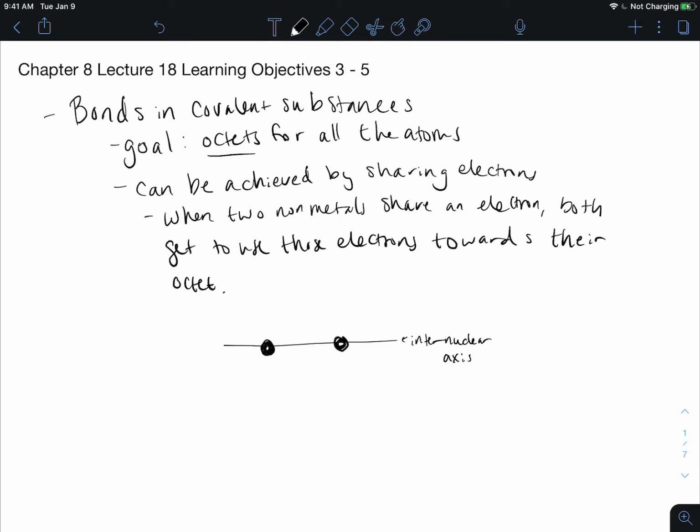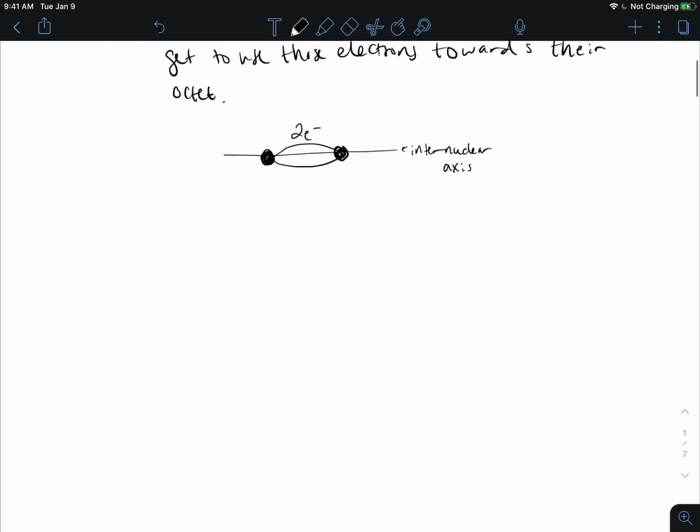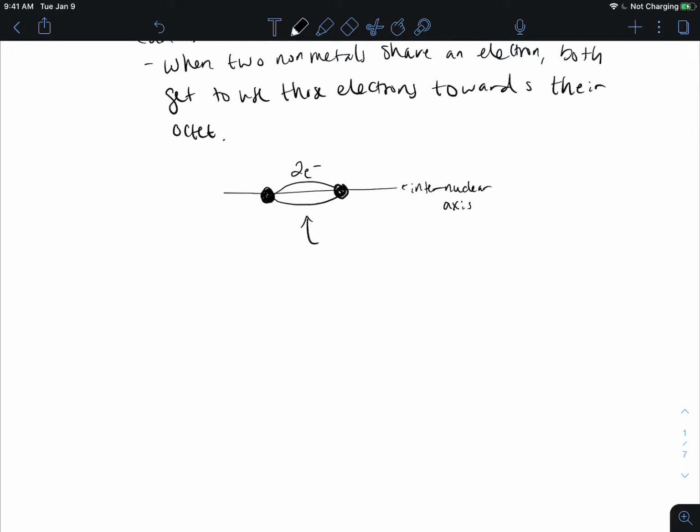And then in between the internuclear axis, in a bonded pair of electrons, or in a bond, we have 2 electrons, where generally the electron density is between those 2 atoms. So the 2 electrons will be shared between those 2 atoms, both of them getting closer to an octet.